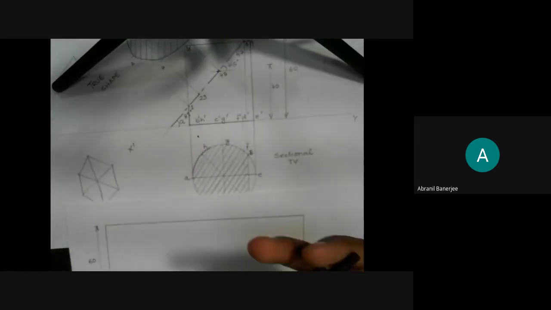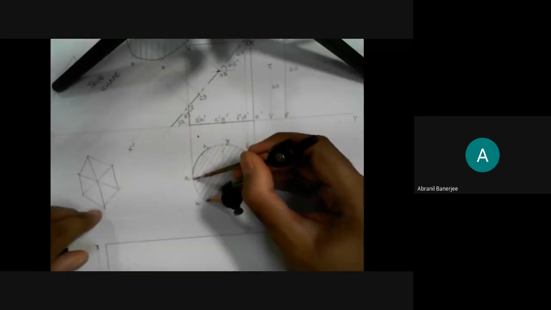Then I have taken the distance of each arc with the compass.